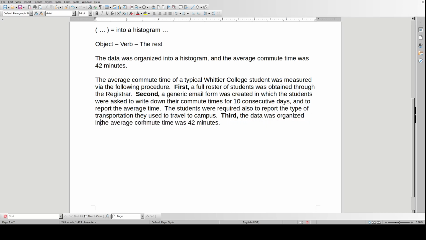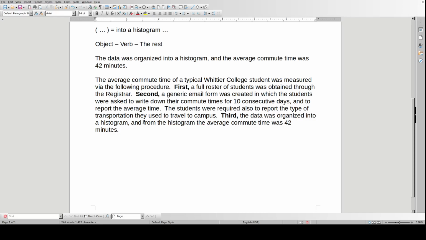So you could just say something like the data was analyzed and the average commute time was 42 minutes. Or for a more technical audience, you could mention the data organized into a histogram, and from the histogram, the average commute time was 42 minutes.